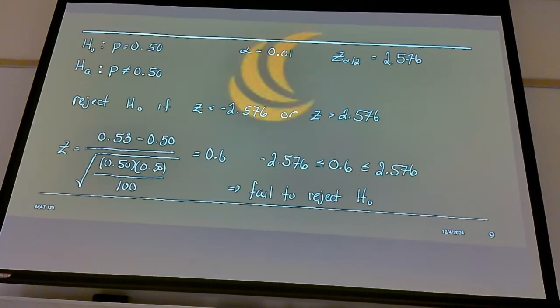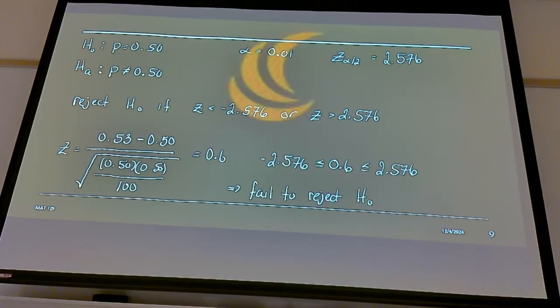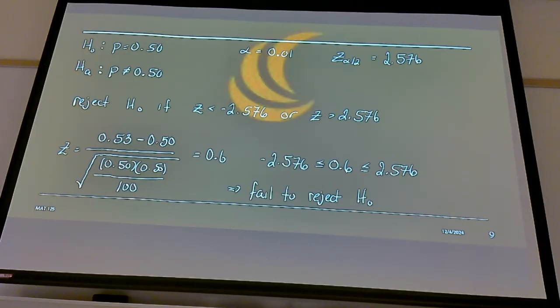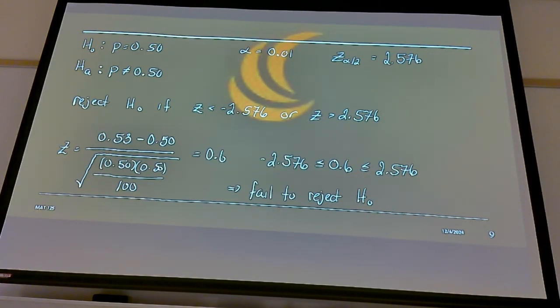So look in your chart at z equals negative 0.6. Just remember, it's symmetric. Area to the left of negative 0.6 is the same as area to the right of 0.6. Let's make sure I'm doing this right.